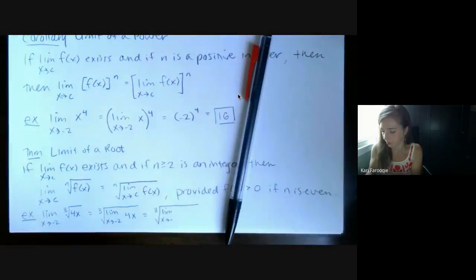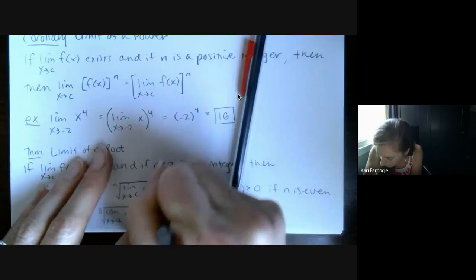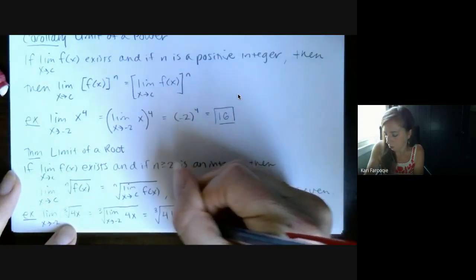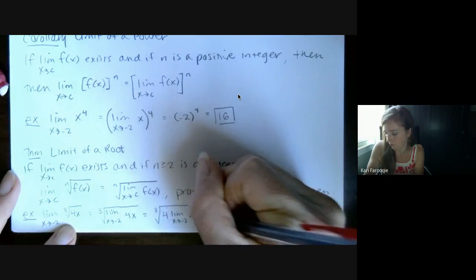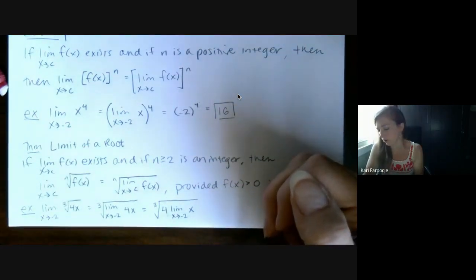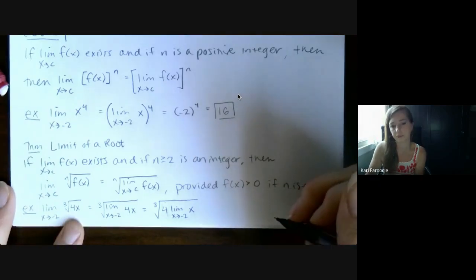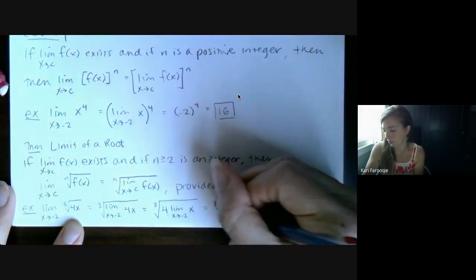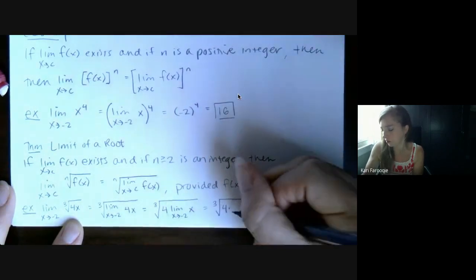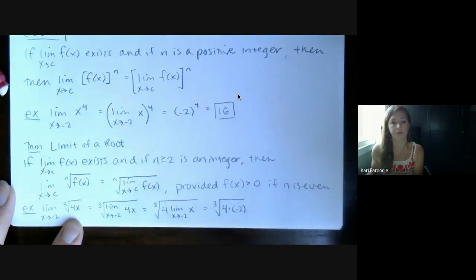Hold on. I'm carried away here with my limits. So I can rewrite this by taking that constant multiple out and writing it as 4 times the limit as x approaches -2 of x. And this will be the cube root of 4 times, and then here we have that identity function again, -2.